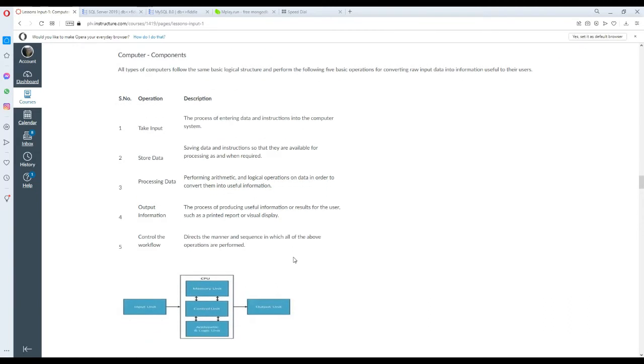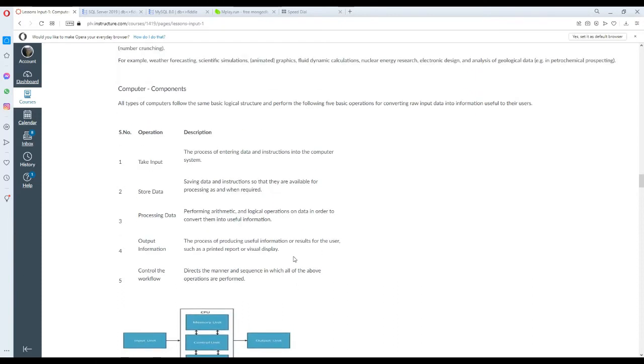Okay, computer components. Components follow the same logical structure and perform the following basic five operations for converting raw data into useful information. Take note, data and information are different. Data is like your ingredients.